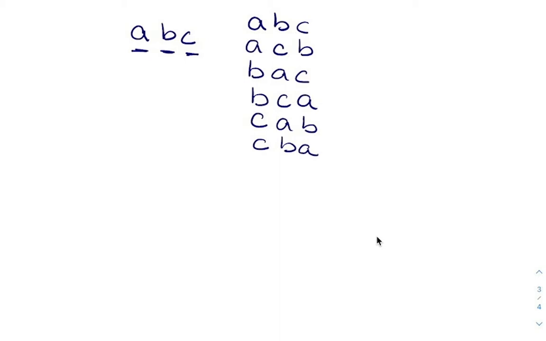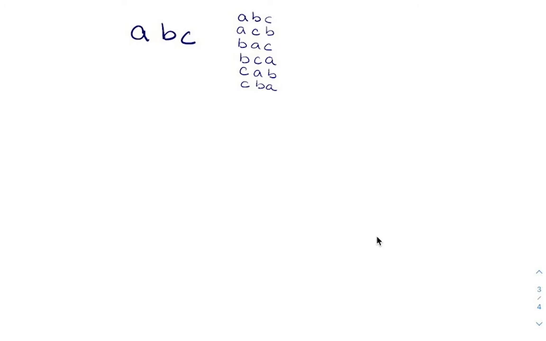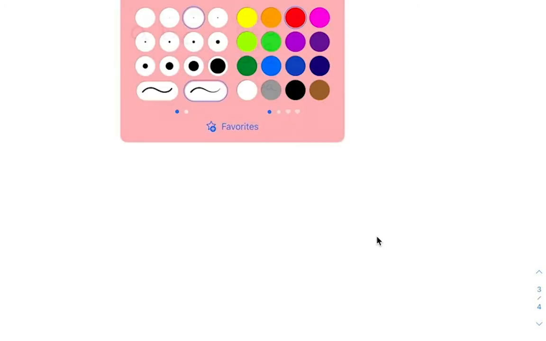So let's make some observations and try to figure out how we can do this programmatically. Every character in our string happens at least one time.